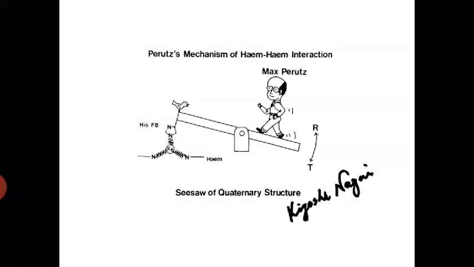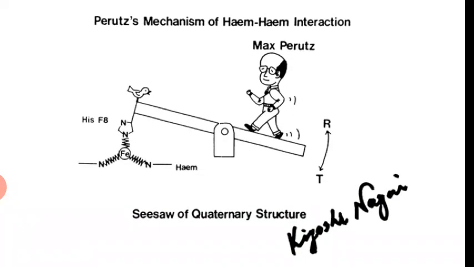To understand very easily, here is the picture that is maybe proposed by Perutz. We can compare this Perutz mechanism with a seesaw. When it is in T state, that means the seesaw gets down, whereas on the other side there is hemoglobin in which there is no oxygen.